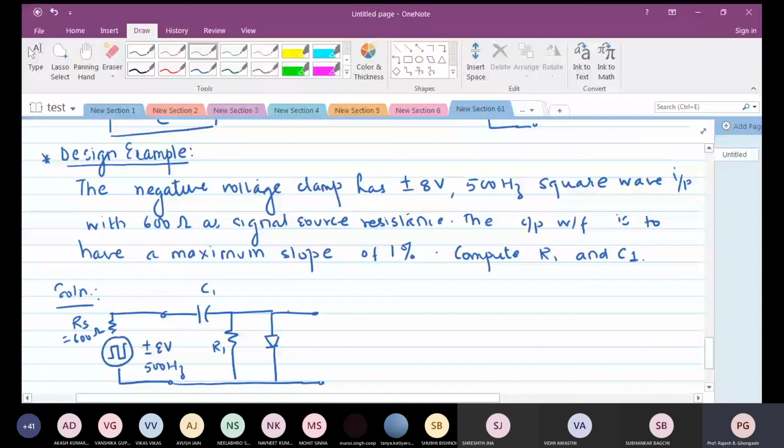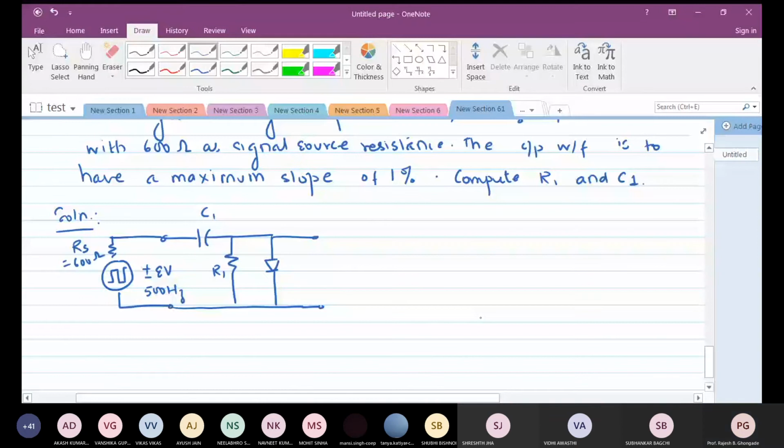So how do you do that? First of all, calculate T, which is 1 by 2F. What is that? 1 divided by 2 into 500 hertz. How much does this turn out to be?